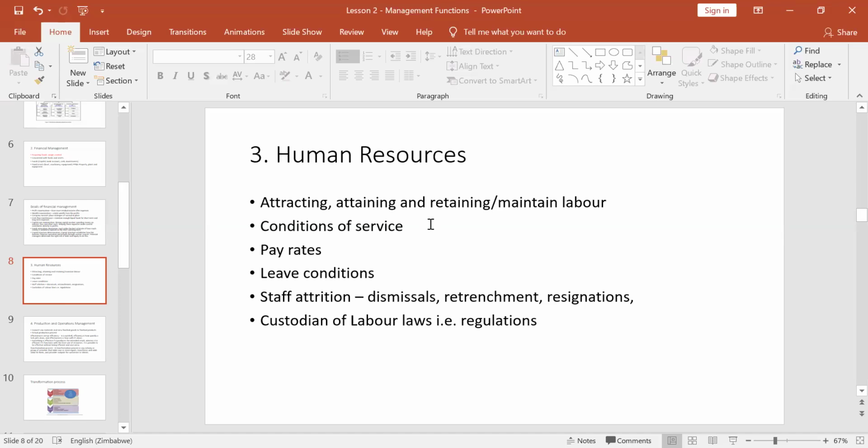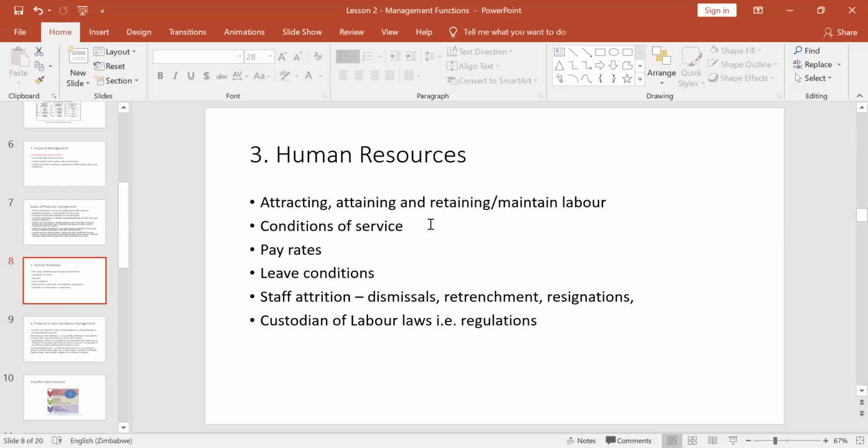They are the ones who are going to find the scarce employees that we need, maybe with specific skills and so on, that is now attaining the labor. So by attaining the labor, we are talking about recruitment and selection. And then lastly, they retain or they maintain labor.